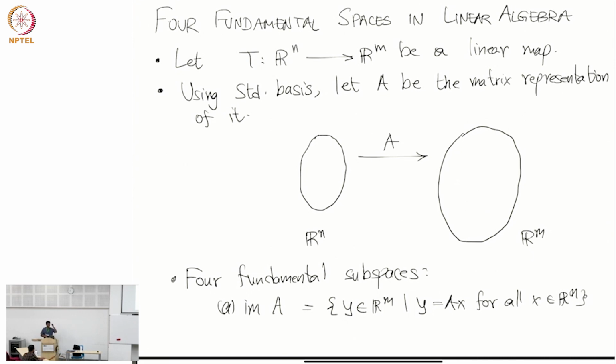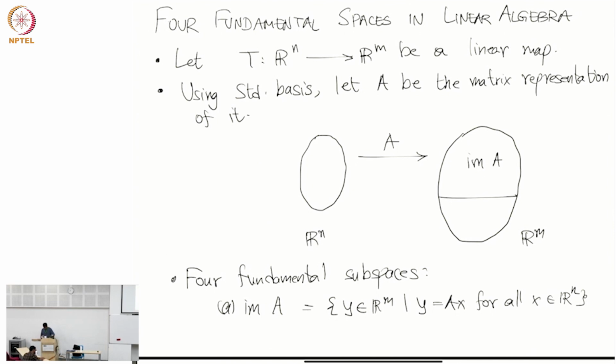Yeah, so I could have just written the image is Ax for all x. So that's my image of A.